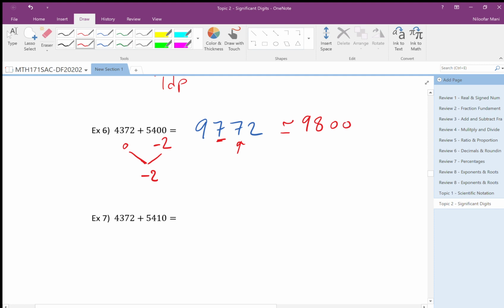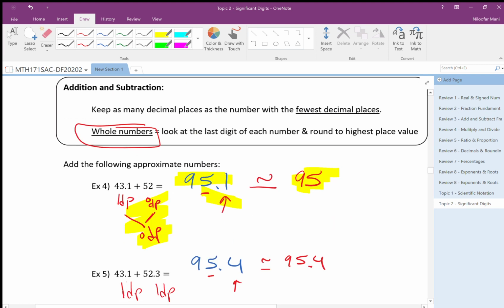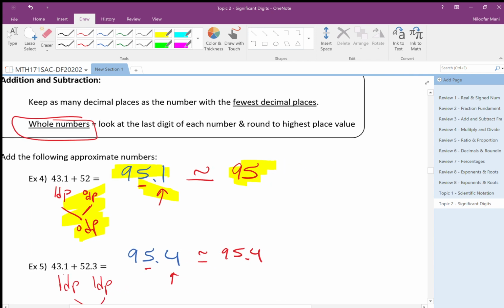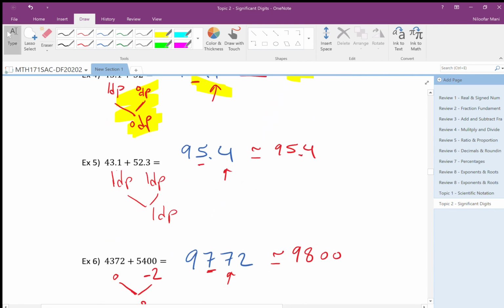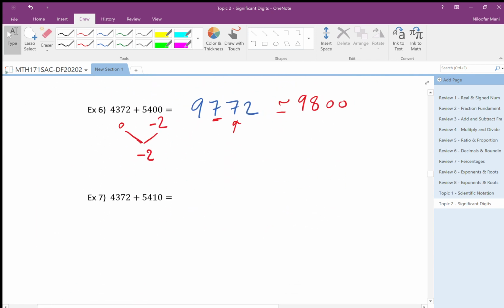Those 2 zeros tell you to look at the last digit of the number and round to the highest place value. The highest place value here is not 1, not 10, it is 100. And here you have 1. So you round to the 100 place value. I show it with 0 and -2 because then I choose -2.